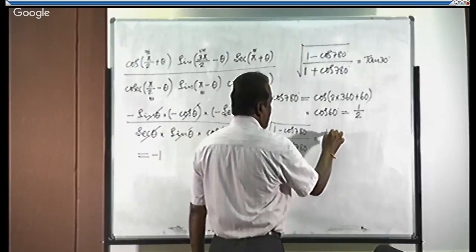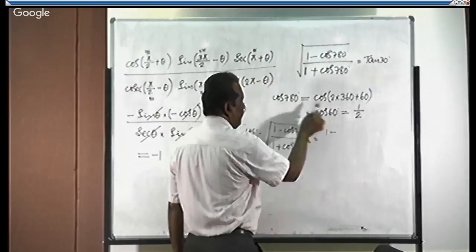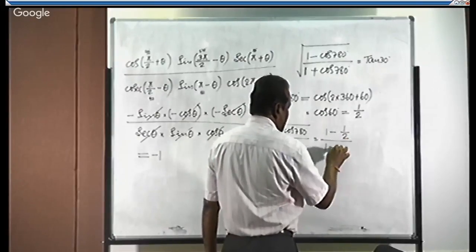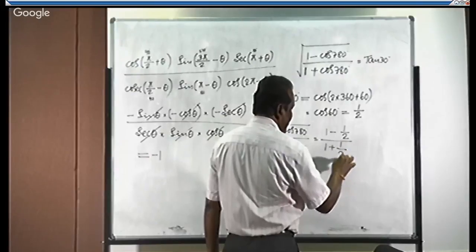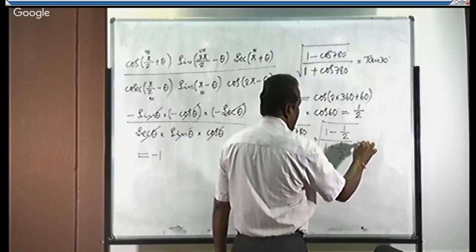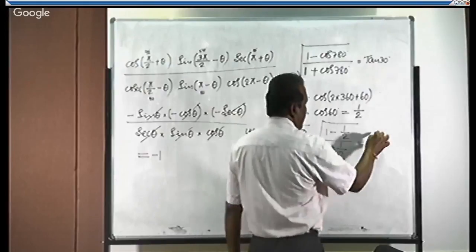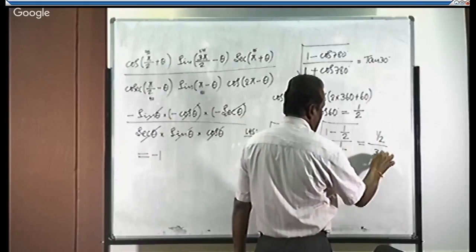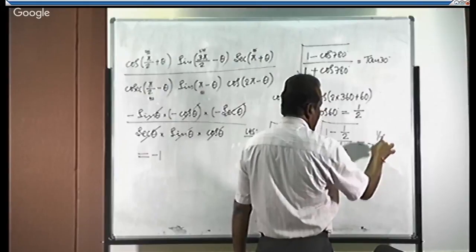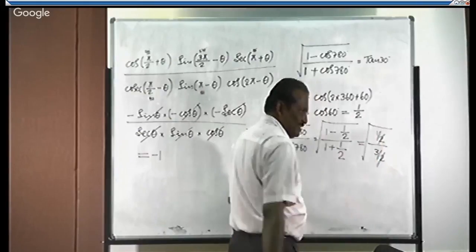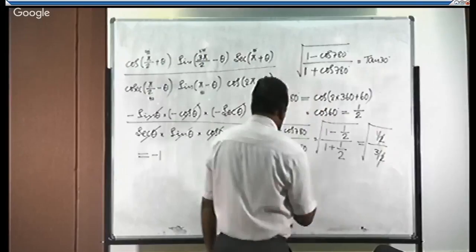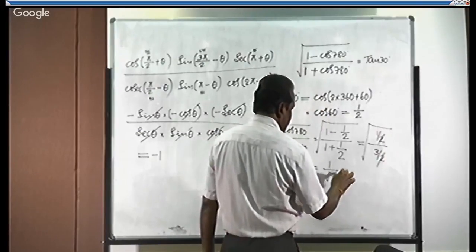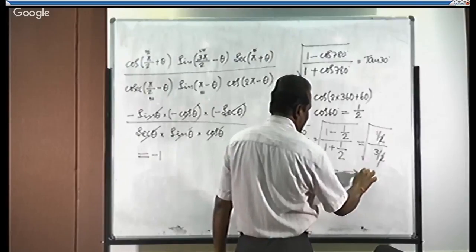This cos 780 degree is equal to 1 by 2, and once again in the denominator cos 780 degree is equal to 1 by 2. 1 minus 1 by 2 means 1 by 2. 1 plus 1 by 2 is 3 by 2. So the 2 in the denominator and the numerator gets cancelled. So this is equal to 1 by root 3. Root 1 is 1. You can call this equation 1.